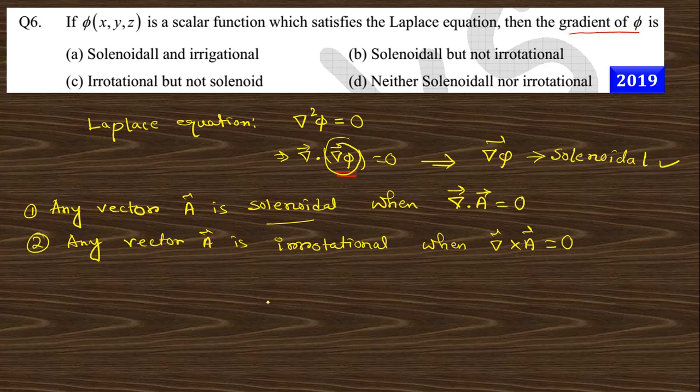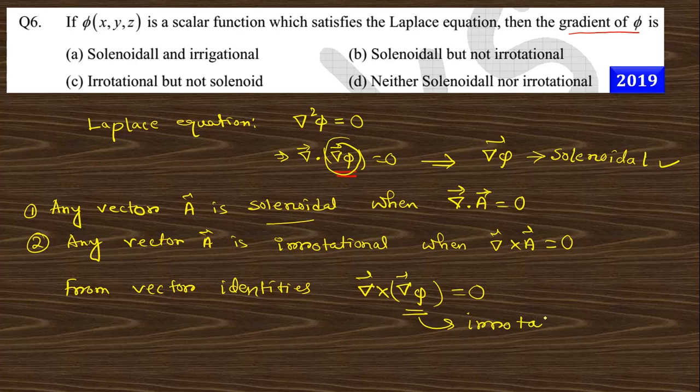And from vector identities, you know that curl of grad phi is always 0. So this also satisfies the irrotational law. So this is also irrotational.